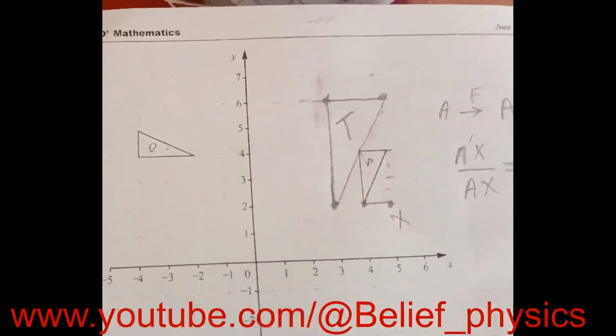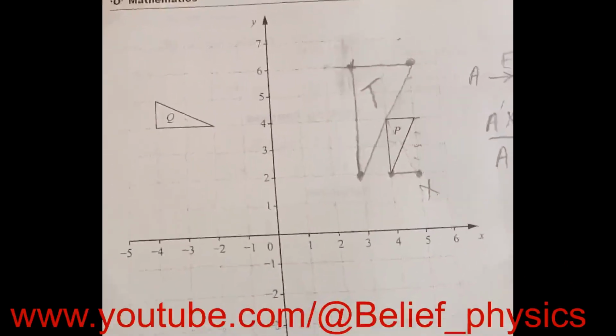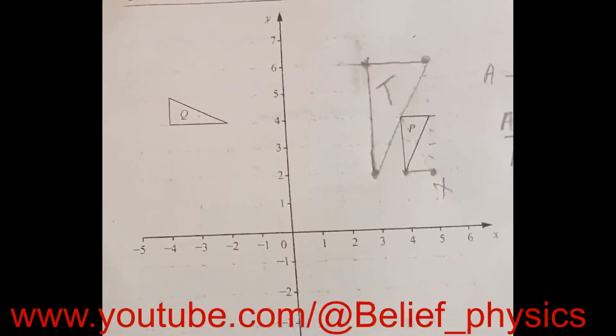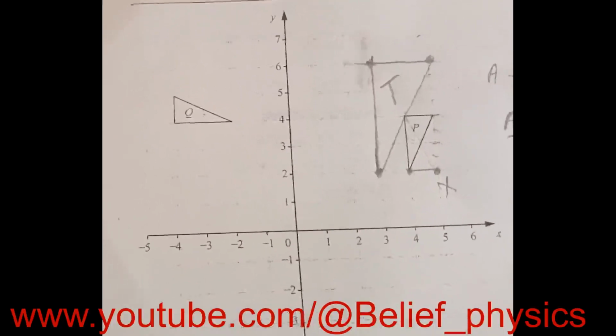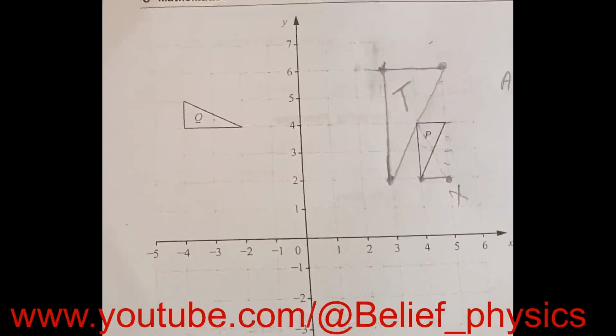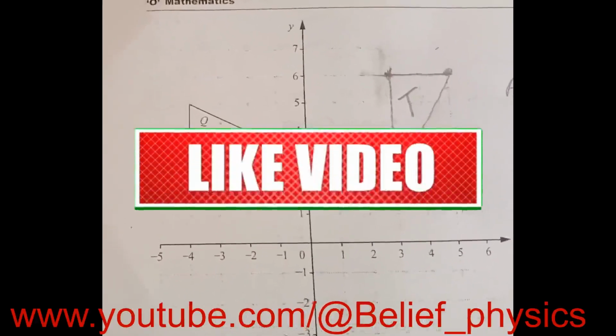Join the corresponding points of object and image and draw their perpendicular bisectors. The point where the perpendicular bisectors meet each other will be the center of rotation.